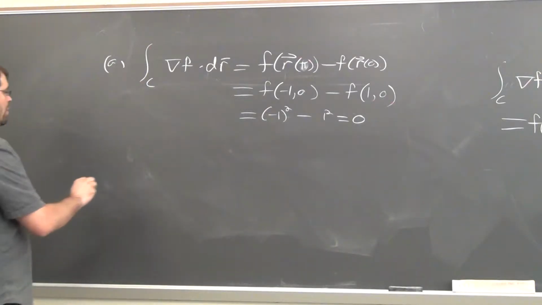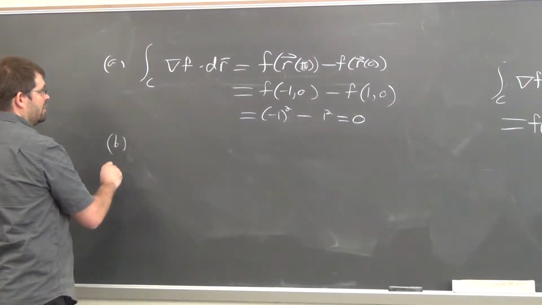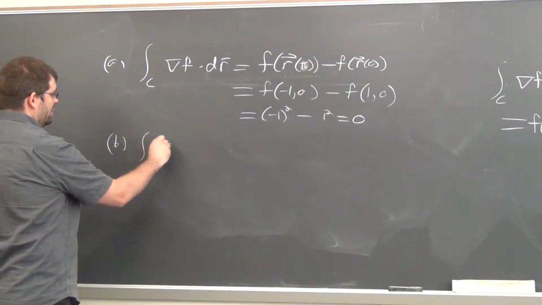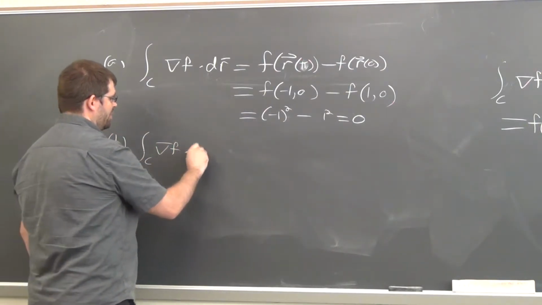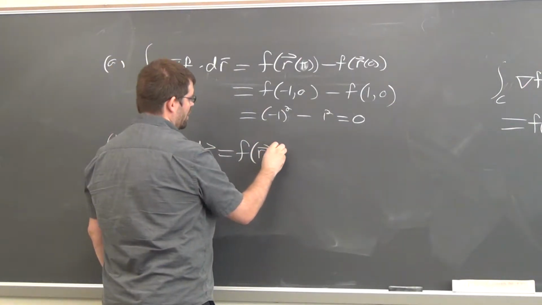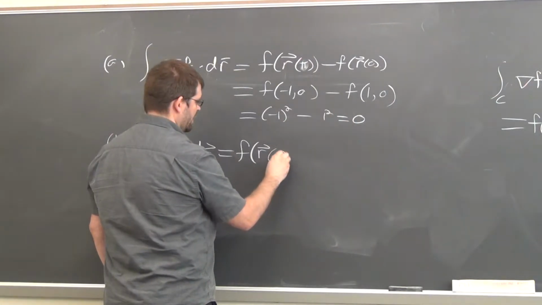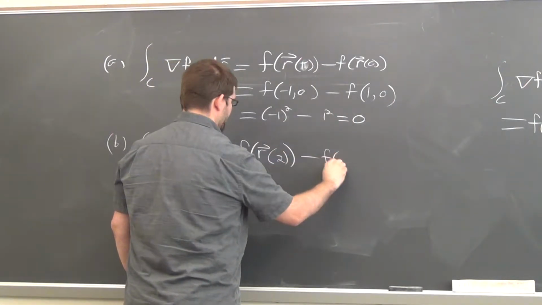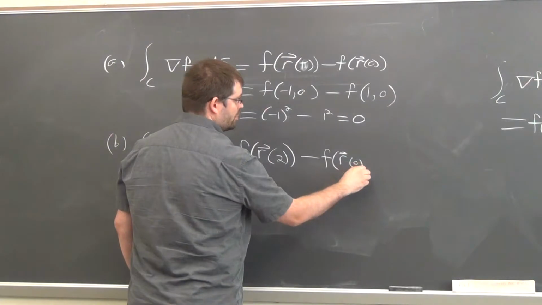Okay, how about B? The integral over C of that gradient f dot dr, again it's f of r of 2 minus f of r of 0.